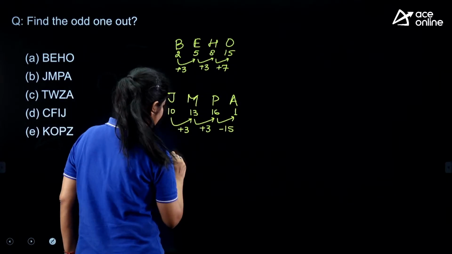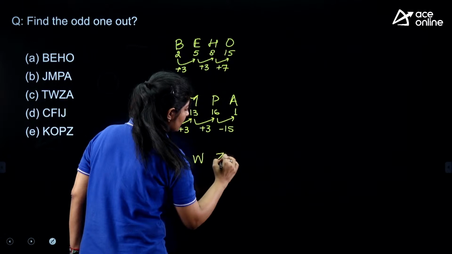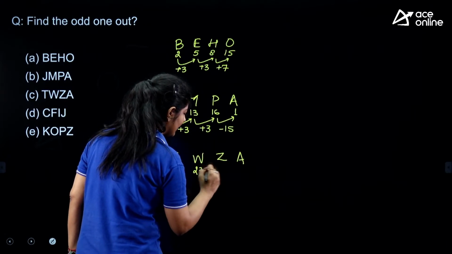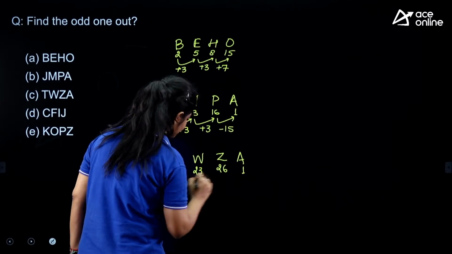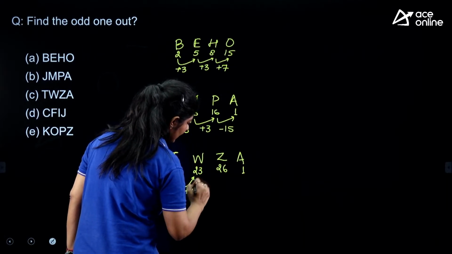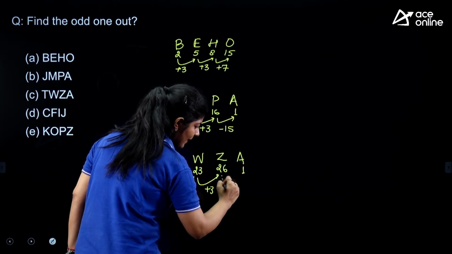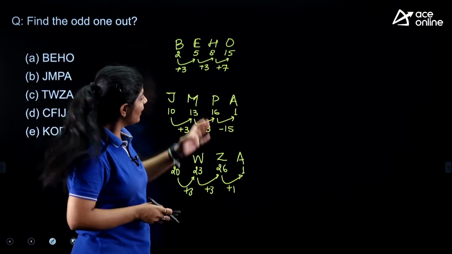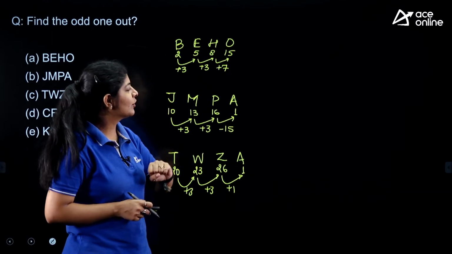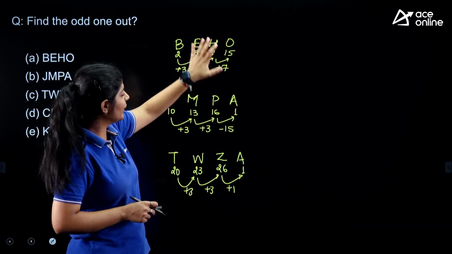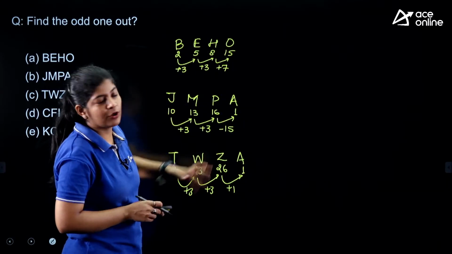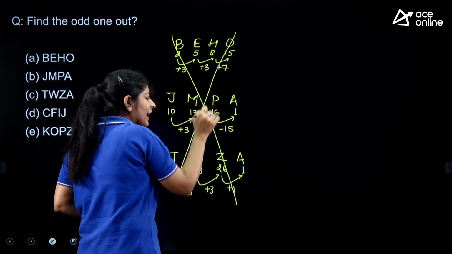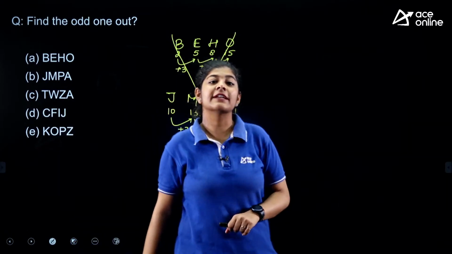Now we will check the third one, TWZA, right? 20, 23, 26, 1, plus 3, plus 3, but here there is a plus 1, or we can say the opposite pair. Now as I see these three options, this pattern is not applicable over here. We need to think differently, because in every option I am getting a different kind of pattern.